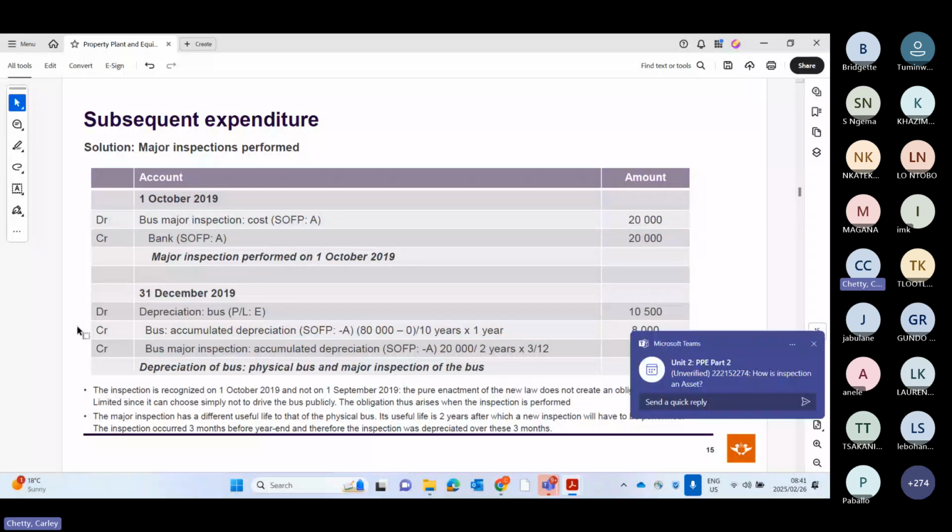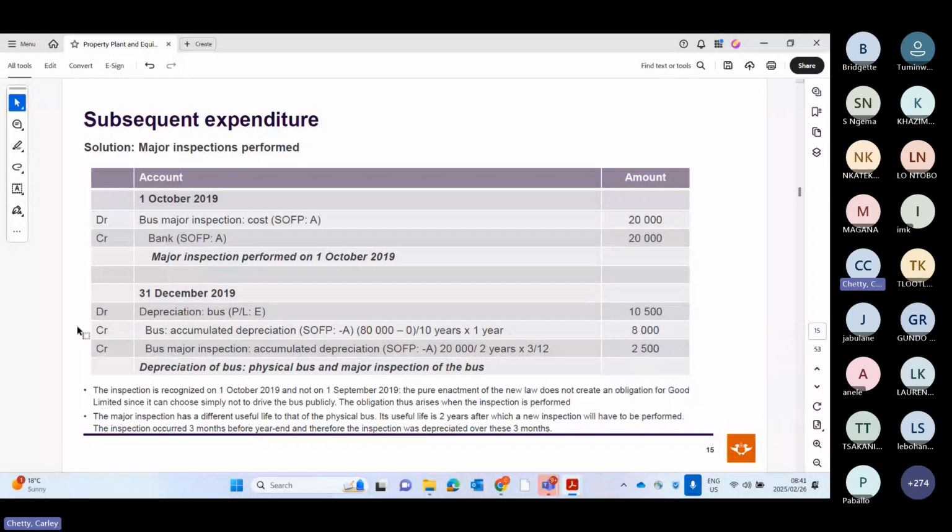We are crediting bus accumulated depreciation. The value of the bus was 80,000 minus the residual value of 0, and the useful life was 10 years. So we are dividing by 10 years, and that will give us accumulated depreciation of 8,000 Rand.